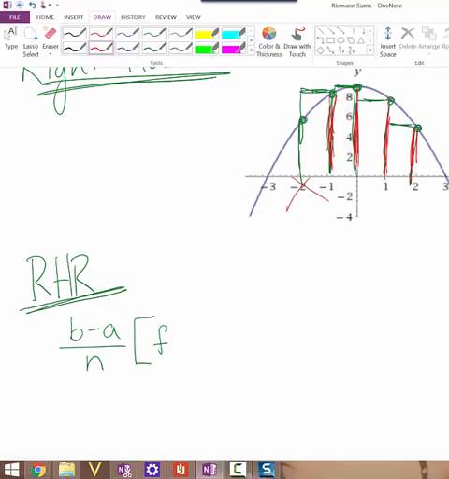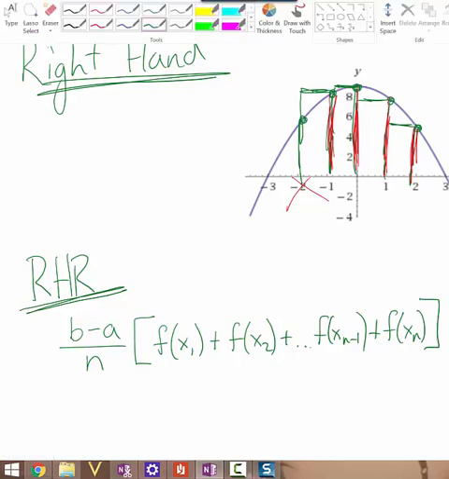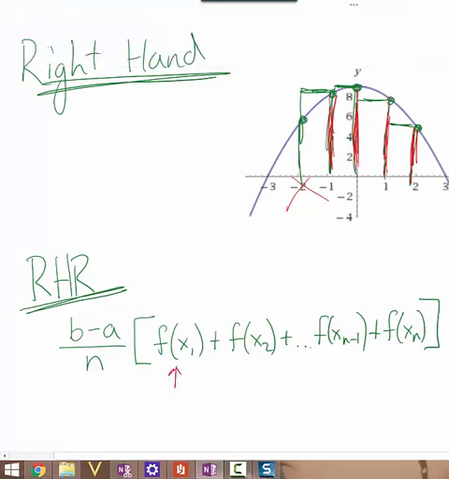So it's f of x1, which is actually the second point, plus f of x2 plus, and we keep going, f of x n minus 1, but then you go all the way to the end at n. So everything's the same, but this is just going to be our second y value, and then this is our last y value.